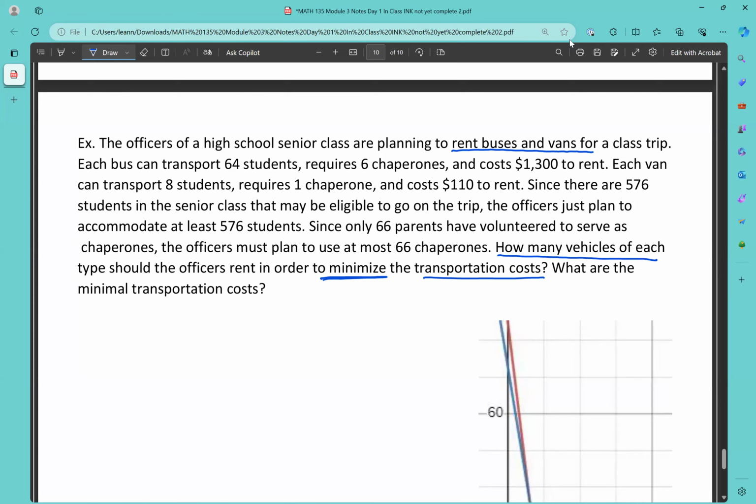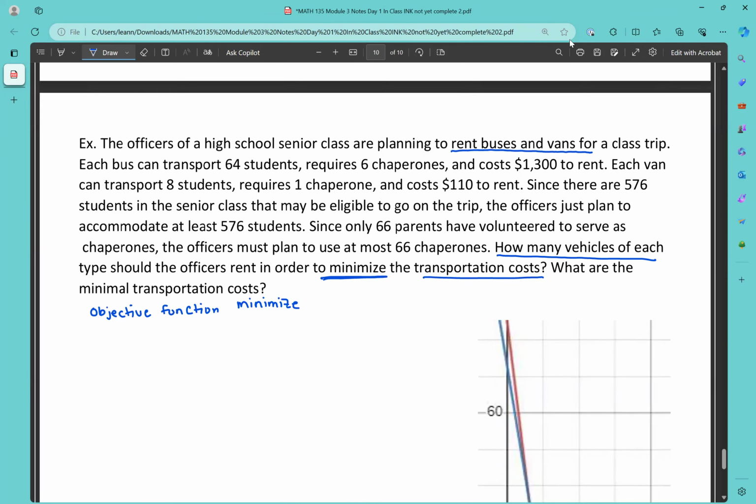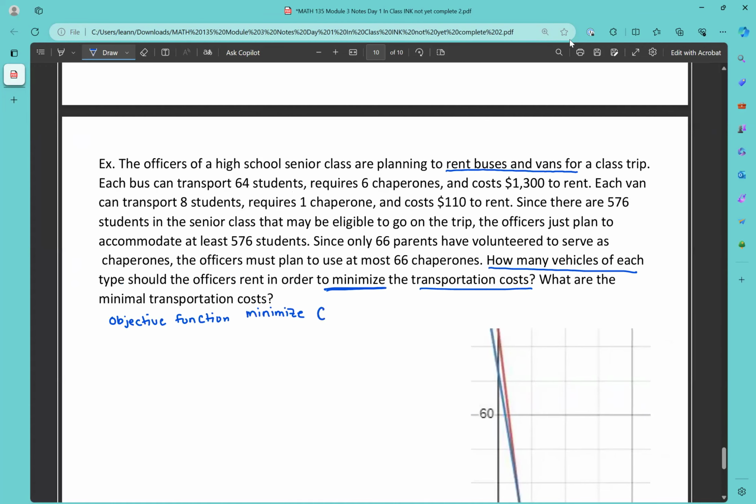So I know right away that we are going to be dealing with an objective function that's going to deal with minimizing cost. So it's going to be minimize, and we're going to have a C for cost. We're going to have to figure out what that function is in a minute. We know that our variables are going to be the buses and the vans, how many of each, because it says how many vehicles.